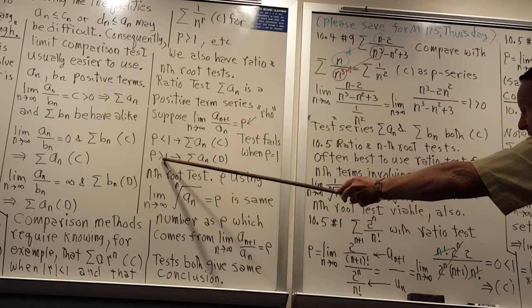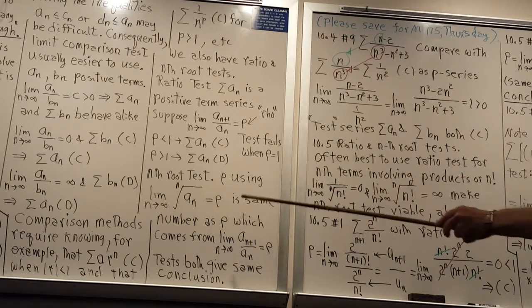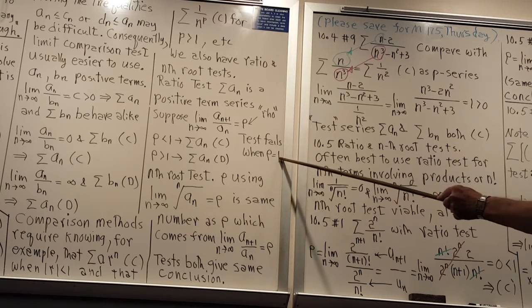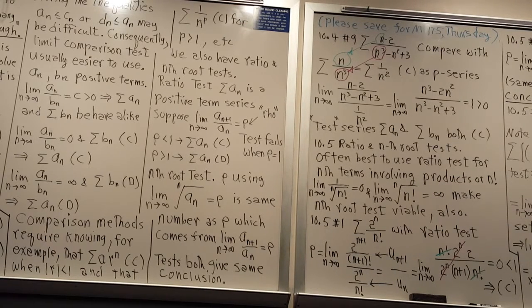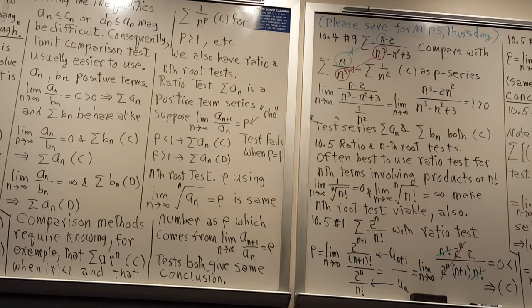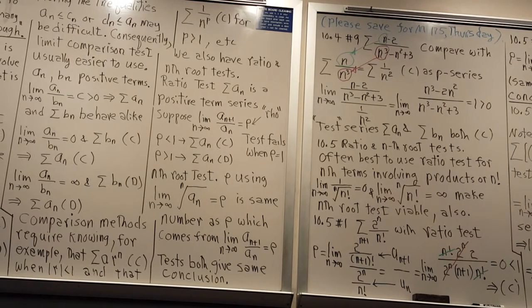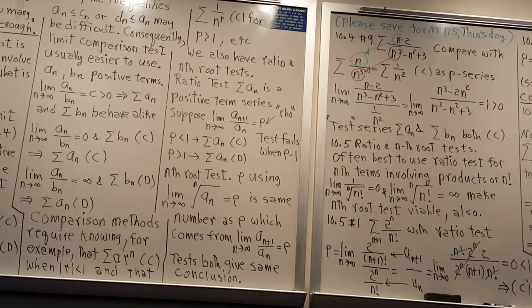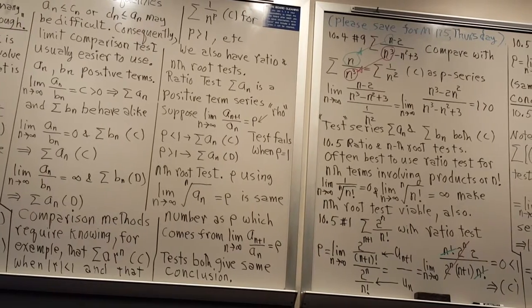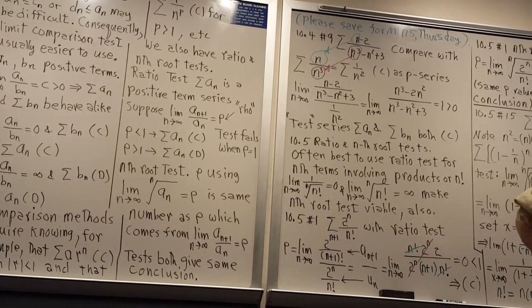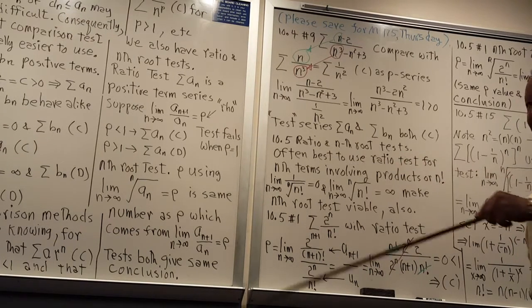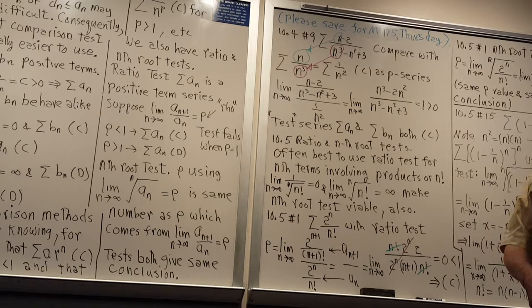If rho is greater than 1, you have divergence, which is great. The problem is the test fails if rho equals 1. If you take the harmonic series, the sum of 1 over n, that thing will give you 1 for the ratio test. So you don't learn that way whether that's convergent or divergent. In fact, the ratio test will give you 1 for any p-series, and some of them converge and some diverge.